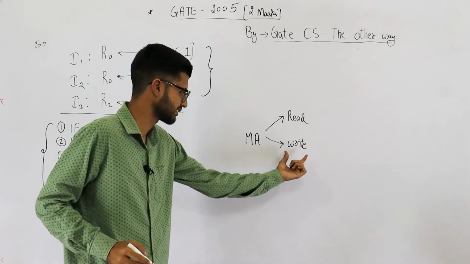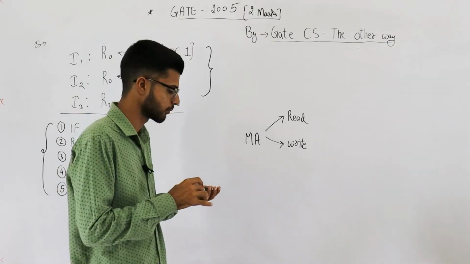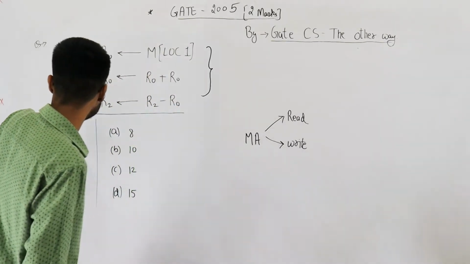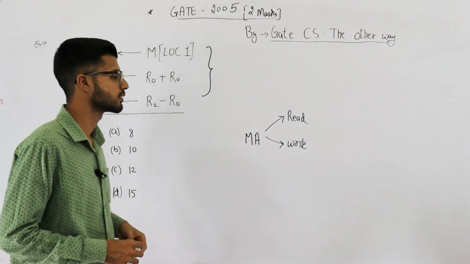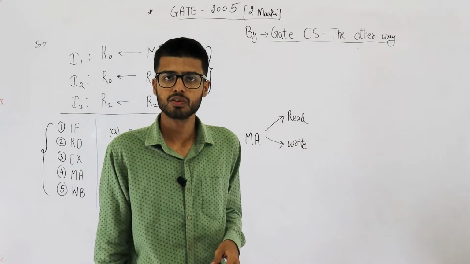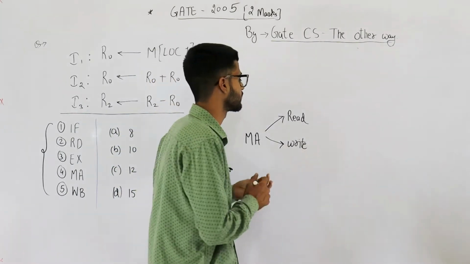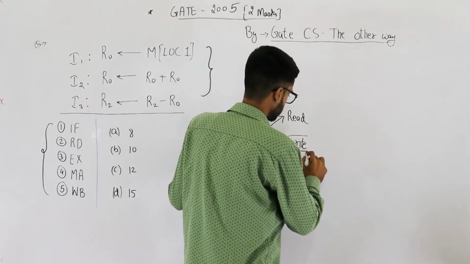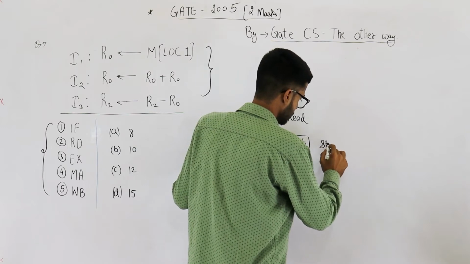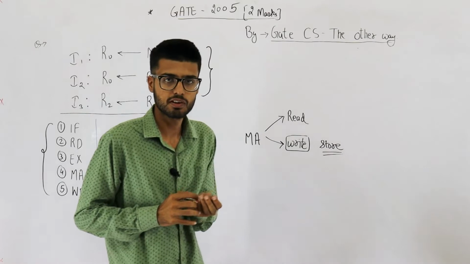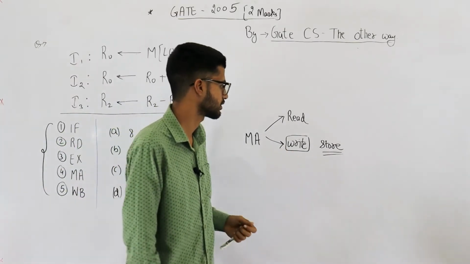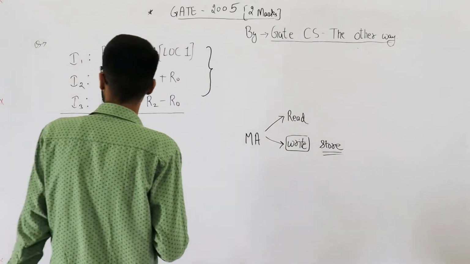Whenever you want to access memory for writing something, you are going to use this stage also, RD stage. This means operand forwarding is not possible for this kind of instructions. That means store instructions. So be careful, operand forwarding is not possible in store instructions according to the question.